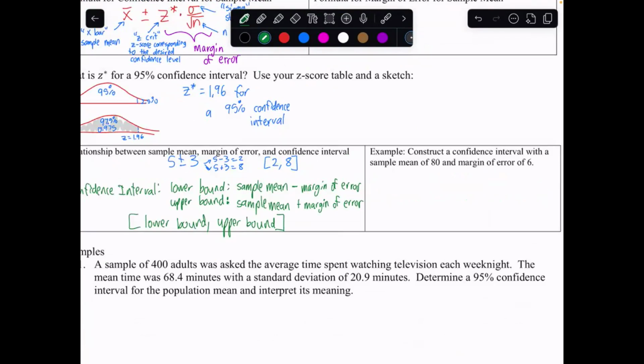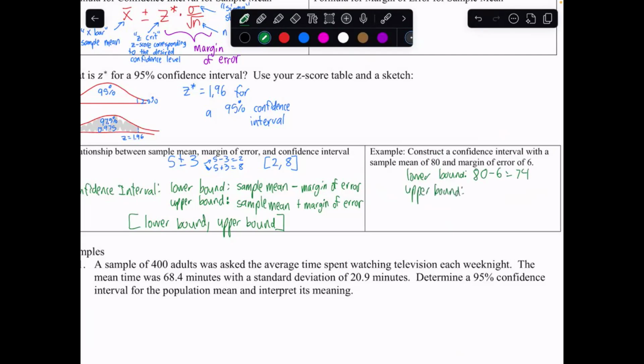Okay, so just to do a specific example, let's say that you've already calculated that a certain sample set has a sample mean of 80 and a margin of error of 6. So the lower bound, from 80, you can go up to 6 below. So 80 minus 6 means you think 74 is the lowest reasonable answer.